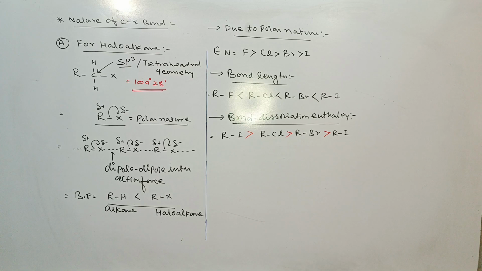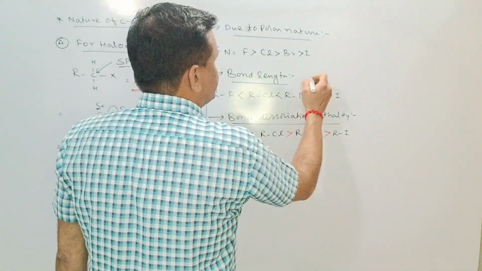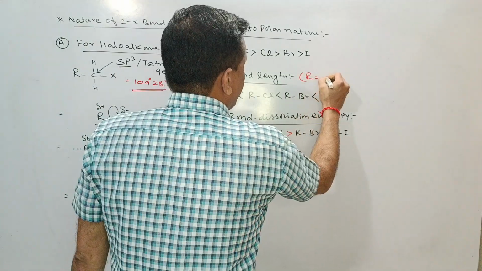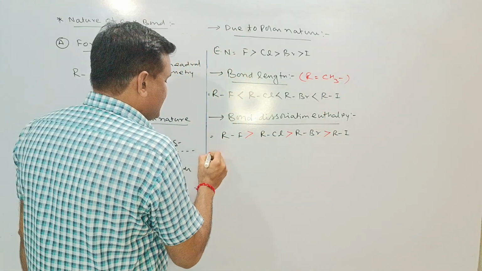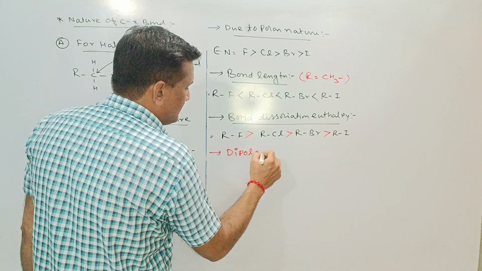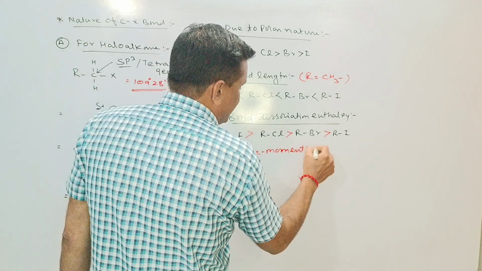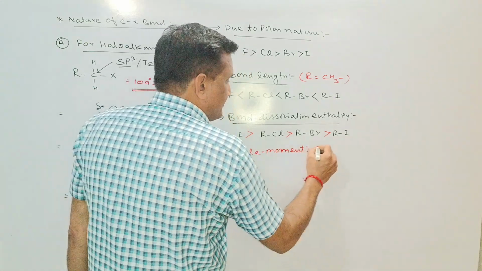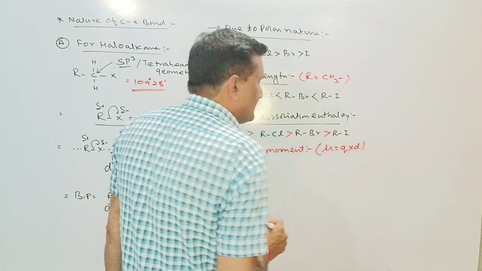Here we can take one more important thing, and this is for whenever R is equal to the CH3 group. Remember, if we go with another thing, that is the dipole moment. You have discussed dipole moment in class 11th also. Just mu is equal to Q into d.